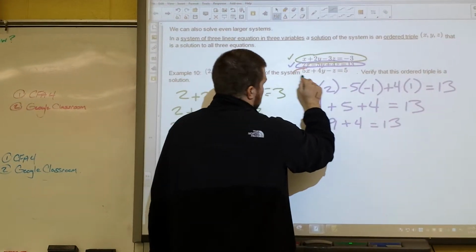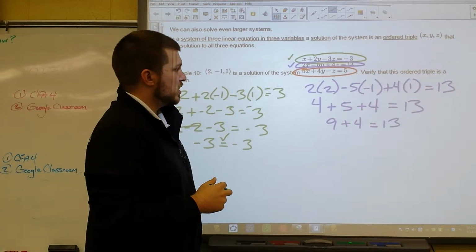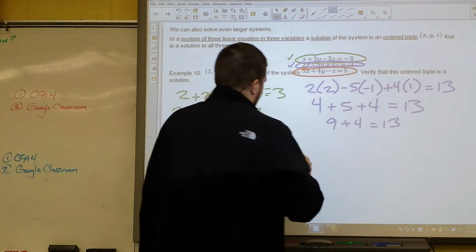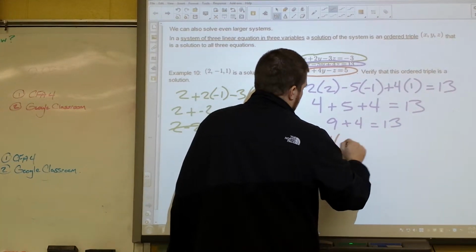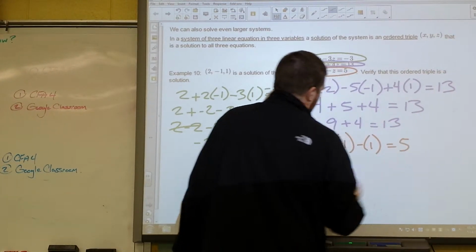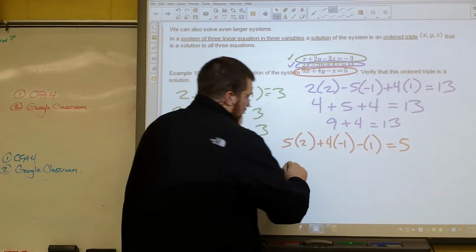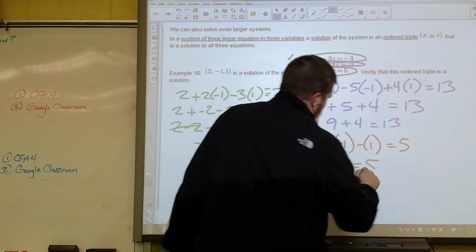And then for the last equation, 5x plus 4y minus z equals 5, I'm going to do that in red. So 5 times 2 plus 4 times -1 minus 1 equals 5. And like we've been doing, just clean it up. So 10 plus -4 minus 1 is supposed to be 5.